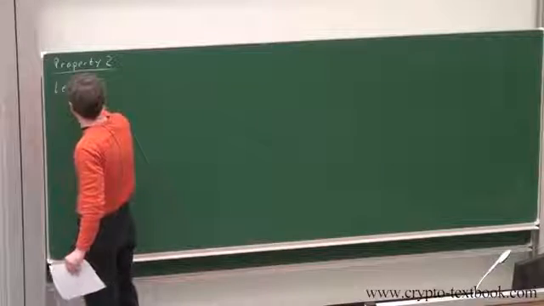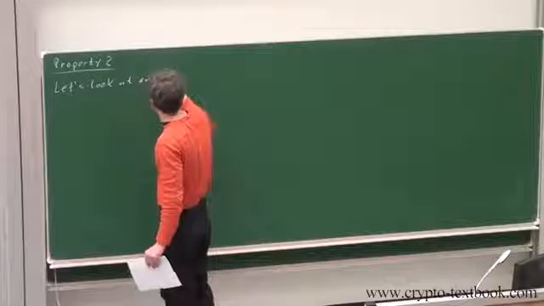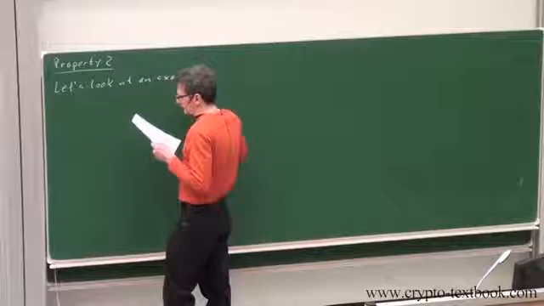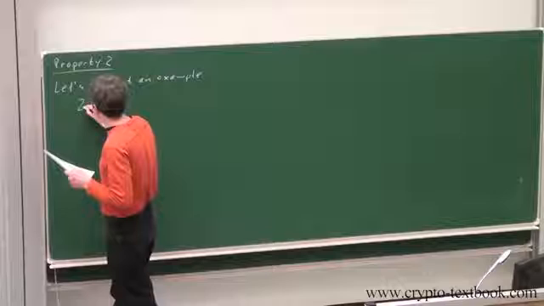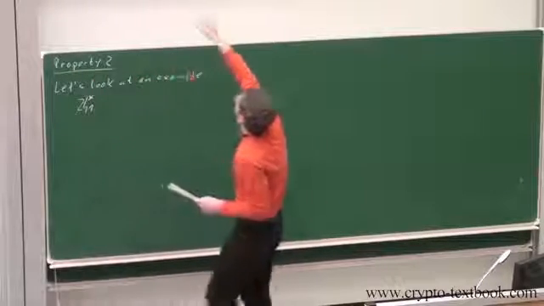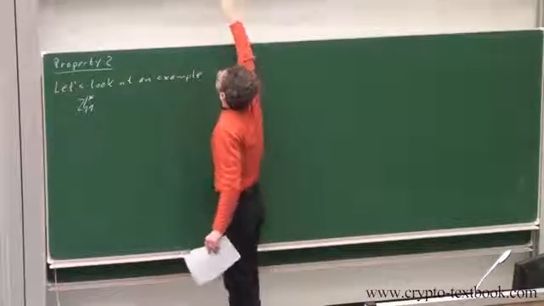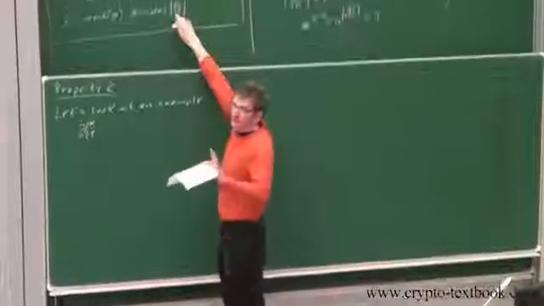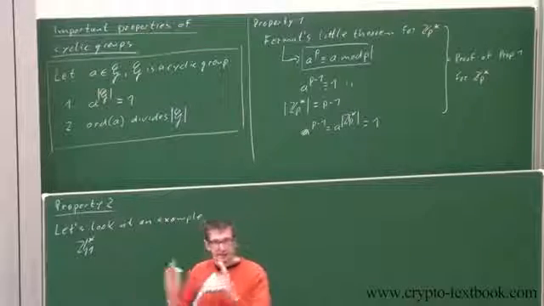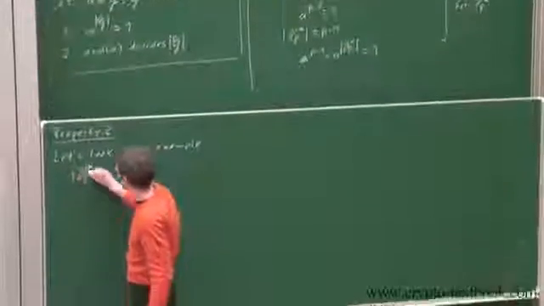Let's look. Namely, Z11 star. And then property 2 only talks about the cardinality, right? It doesn't talk about the group structure per se. It only says, this is G bar. It doesn't say anything else. It's just how many elements are in the group. So the only thing we're interested in is this here.